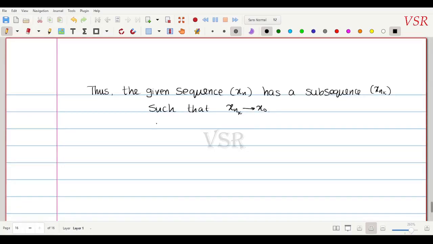That is, every sequence xn in capital X has a convergent subsequence.